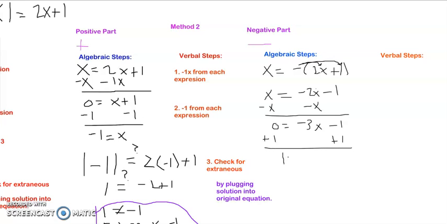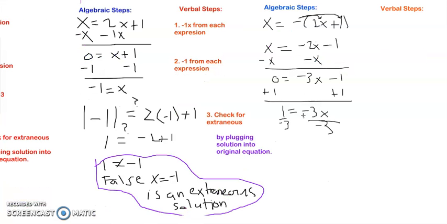So we have 1 equals negative 3x. From here we want to divide each term by negative 3 to get the x isolated. So negative 3x divided by negative 3 is 1x. So we have negative 1/3 equals x.